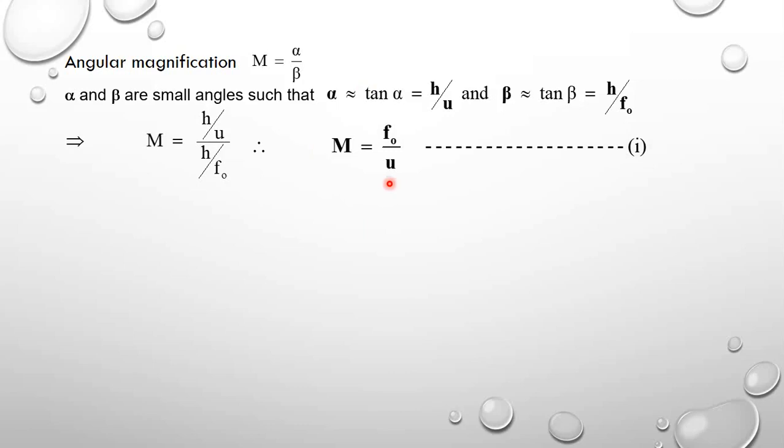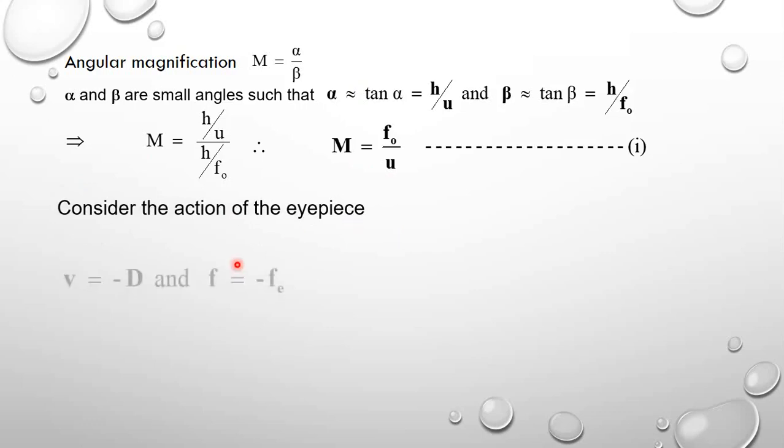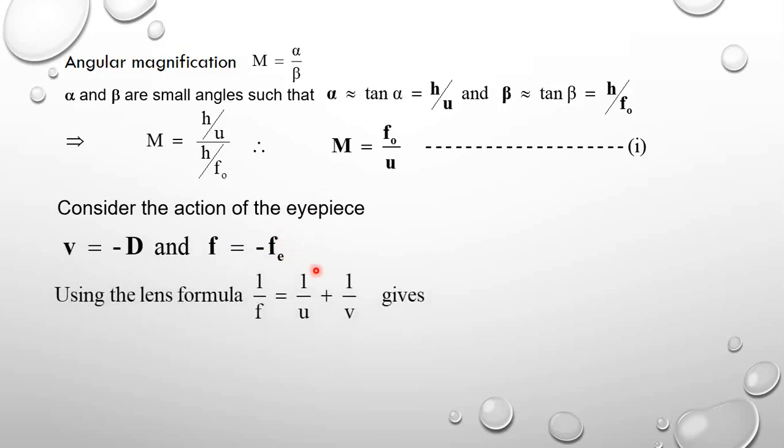So we shall consider the action of the eyepiece lens, where the v is going to be negative d, and then the f is going to be negative fe. Negative because it's a diverging lens. The eyepiece is a diverging lens. When we substitute, we shall get our u as fe times d divided by fe minus d.